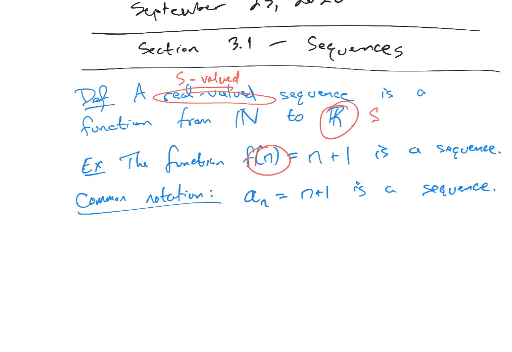Now, we need to talk about another piece of notation. There's a difference between a term in the sequence and the sequence itself. So a sub n is a term in the sequence.